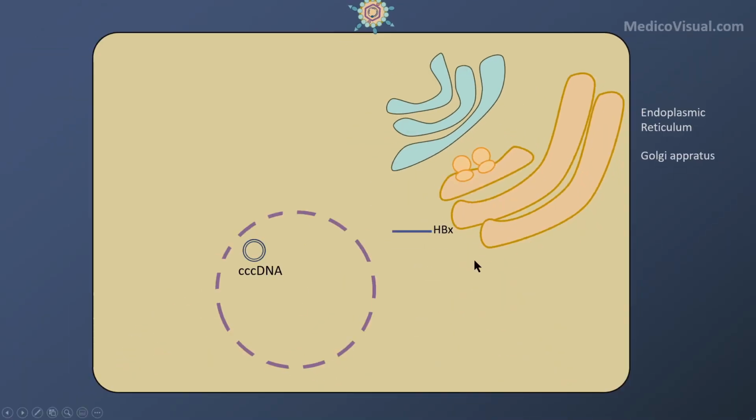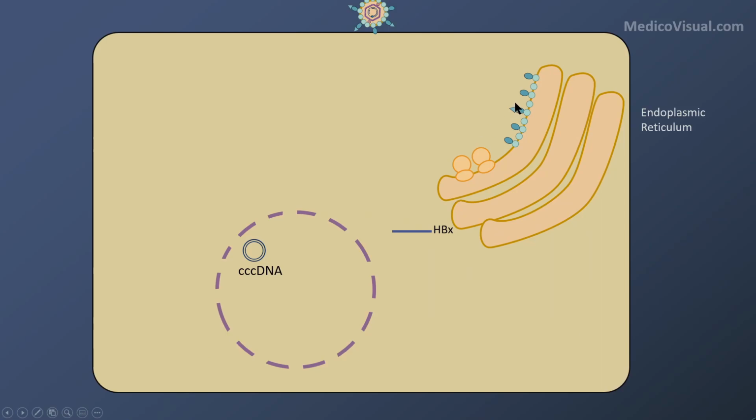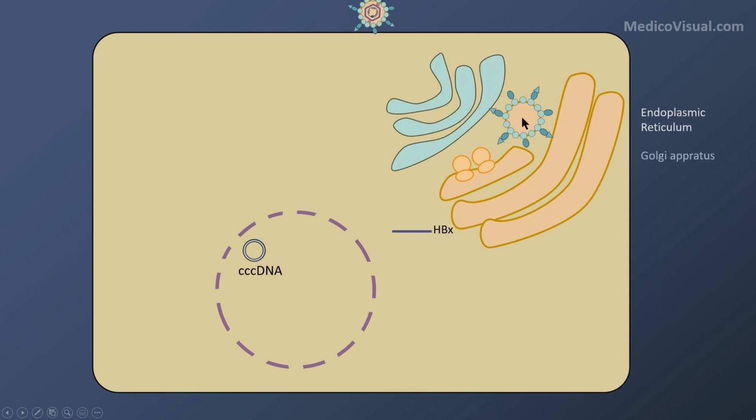Now let me tell you something interesting. Something interesting about this virus is that even if the nucleocapsid core does not come here, this embedded surface protein, this empty surface protein can come out through the Golgi apparatus, right?